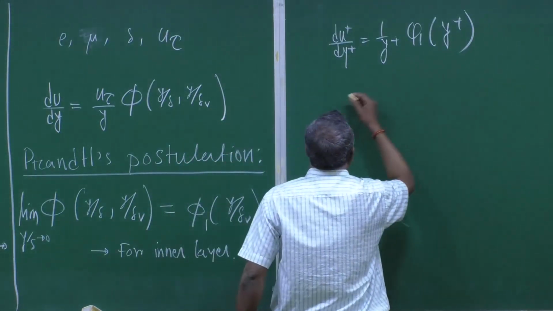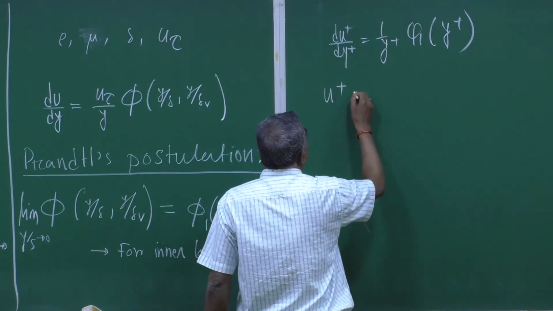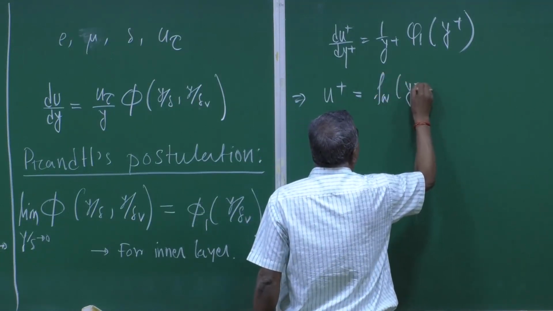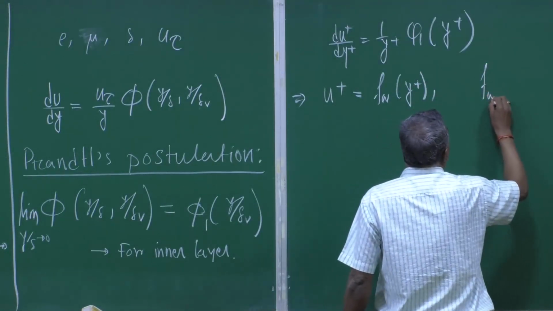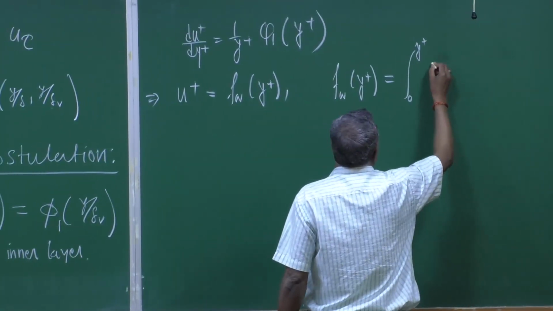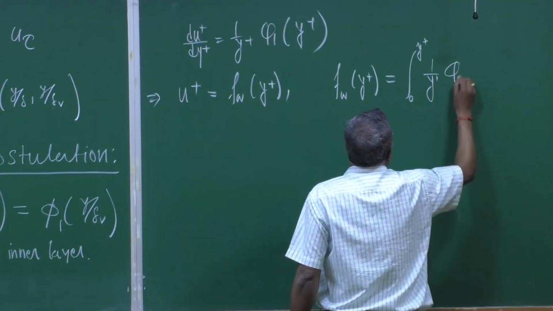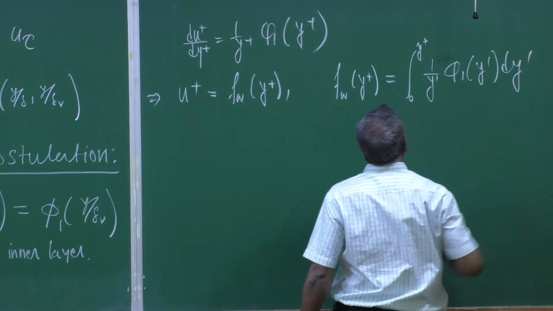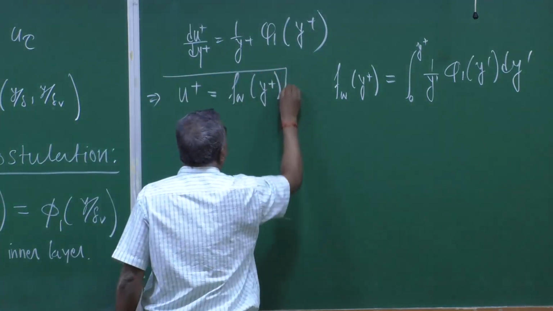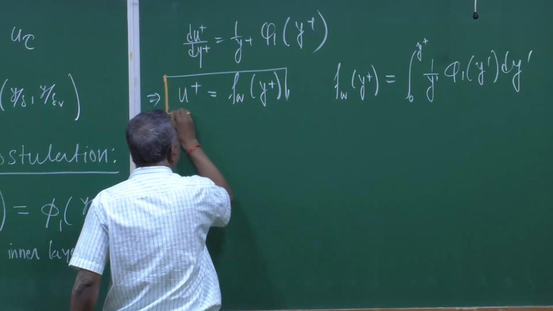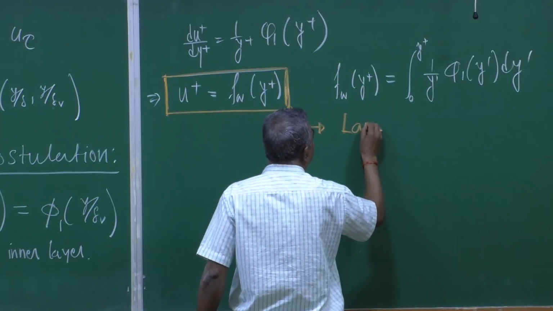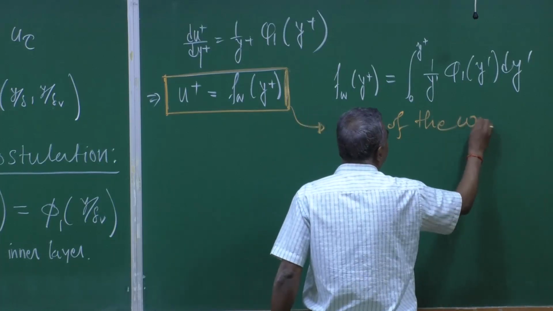Then we got, if we integrate, after integration we can write this as f_w of y plus, where this f_w of y plus is given as the integral from 0 to y plus of phi_1 dy. This is your condition, and this particular equation is known as the law of the wall.